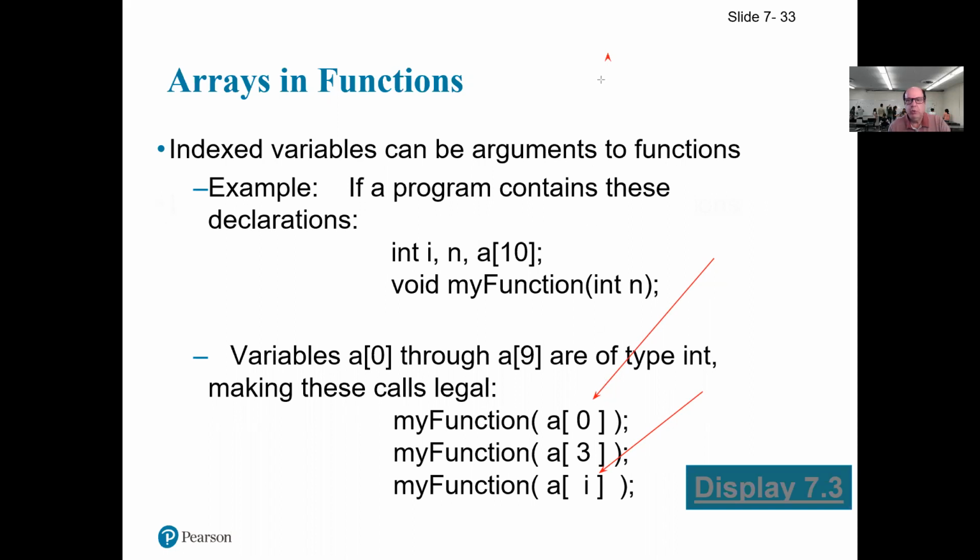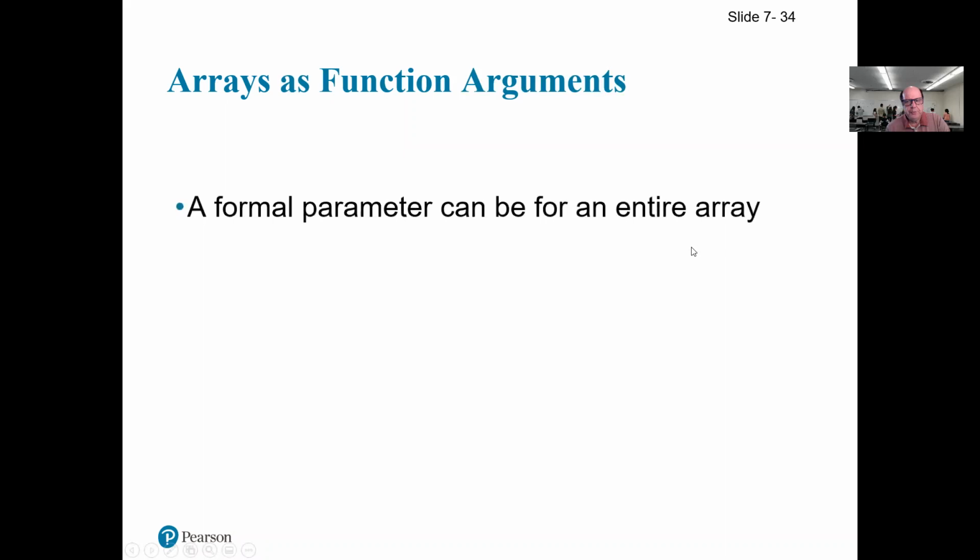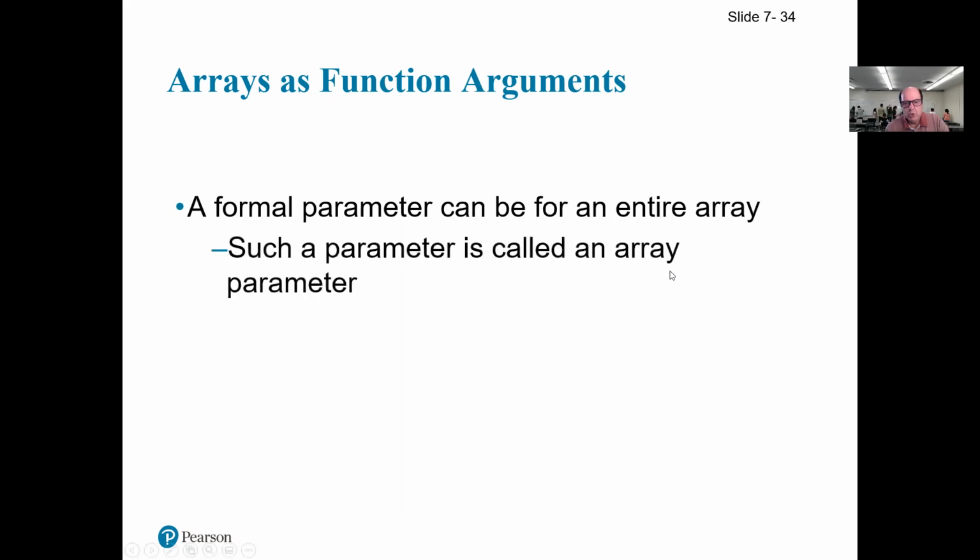But generally, when we're working on arrays, we are not passing one element of the array, we are passing the whole array. So what we're talking about in this section is how we can pass the entire array. When we're putting an array as a parameter, it is not call by value.